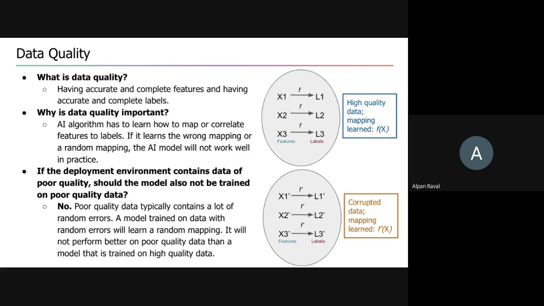Now, what happens if the deployment scenario can't perfectly mimic the data collection scenario? Then it becomes more nuanced. It may not perfectly mimic the data collection scenario in different ways.